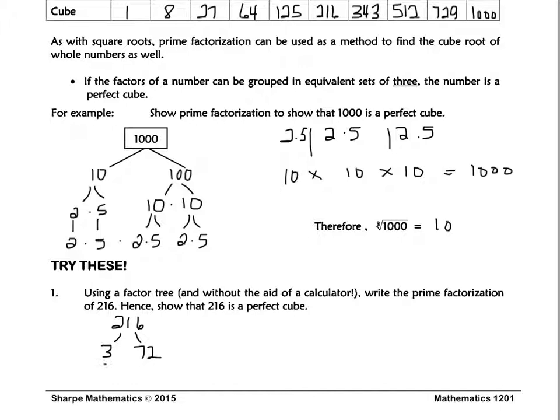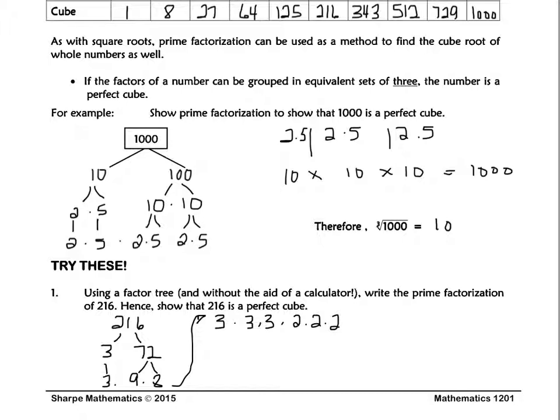And then we've got 3, and 72 is 9 times 8. I'm going to move that up here, not a whole lot of room. So this would be 3, would carry down, and then 9 is 3 times 3. And then 8 would be 4 times 2, or 2 times 2 times 2. Rather than do 2 separate lines, we break it down that way.